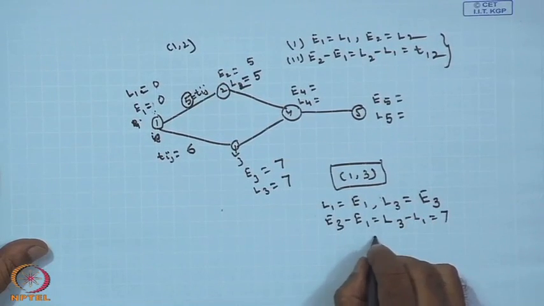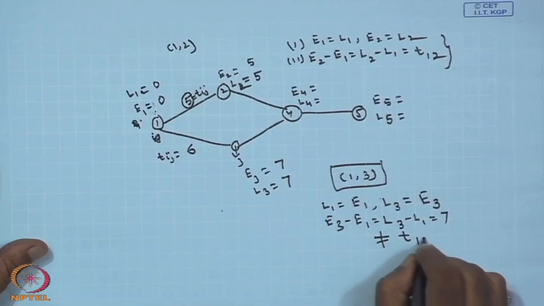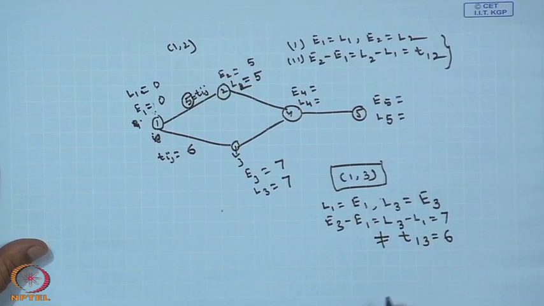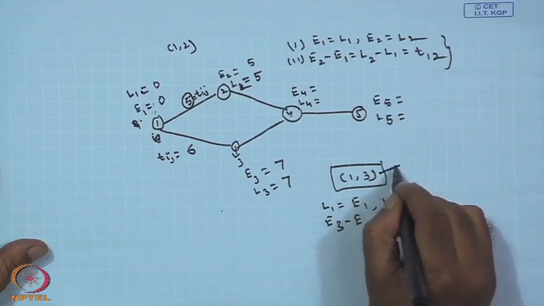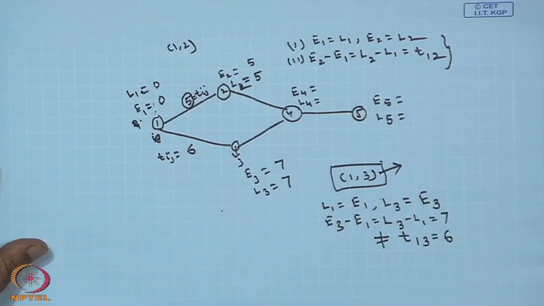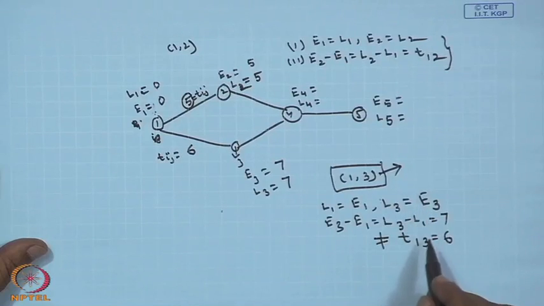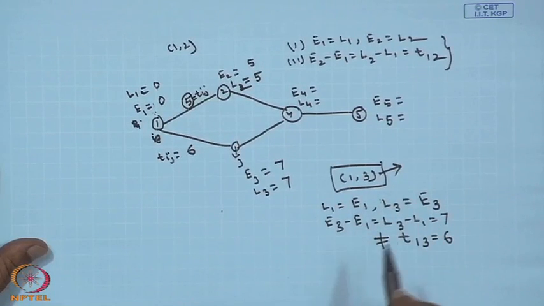But this does not equal T13, because T13 is 6. Therefore, this activity 1 3 is not a critical activity, because these two conditions are not being satisfied.